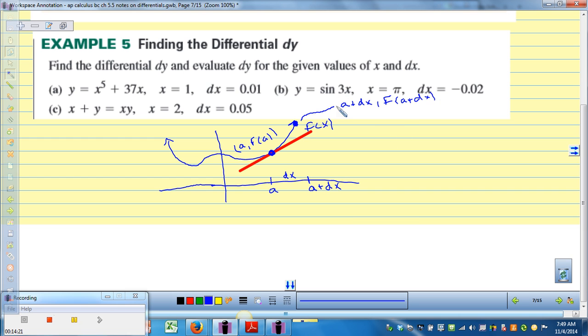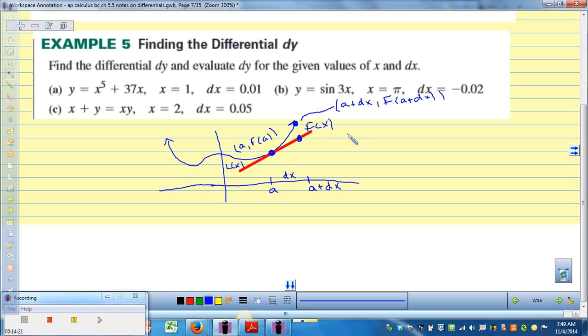Good. All right. And this equation of the tangent line, we're just going to call L of x, like they do in the book. And so what about on the tangent line? So at a plus dx, I'm actually here on the tangent line.